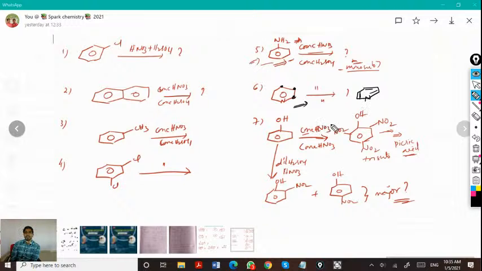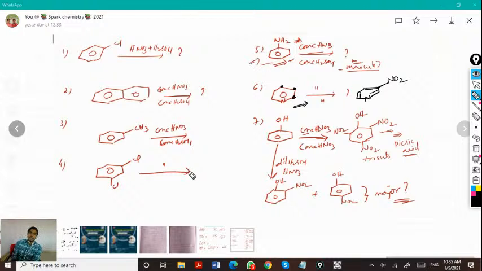This is the pyridine. At the third position, it will give the electrophilic substitution reaction. At the second position, it will give nucleophilic substitution reactions. Remember this. So nitration is going to happen at the third position.